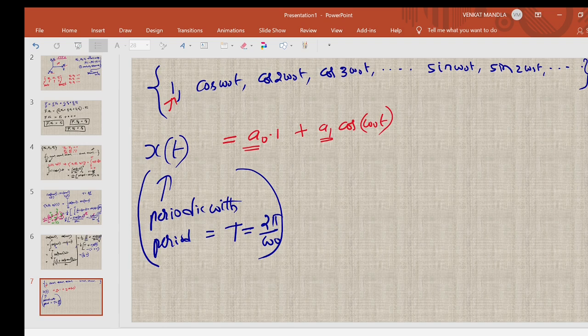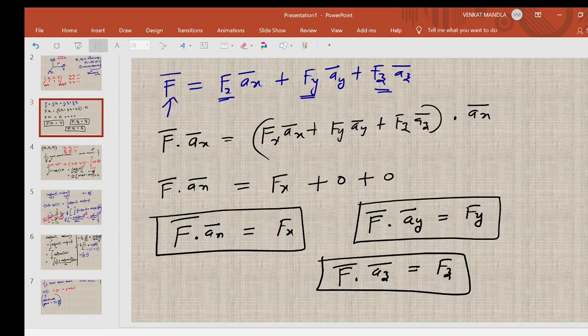Like fx, fy are represented there. Here, this is f bar, this is ax bar, ay bar, az bar. These are orthogonal signals. This fx is the coefficient, fx is along ax bar. Fy is the component of f bar along ay bar. Fz is the component of f bar along az bar.